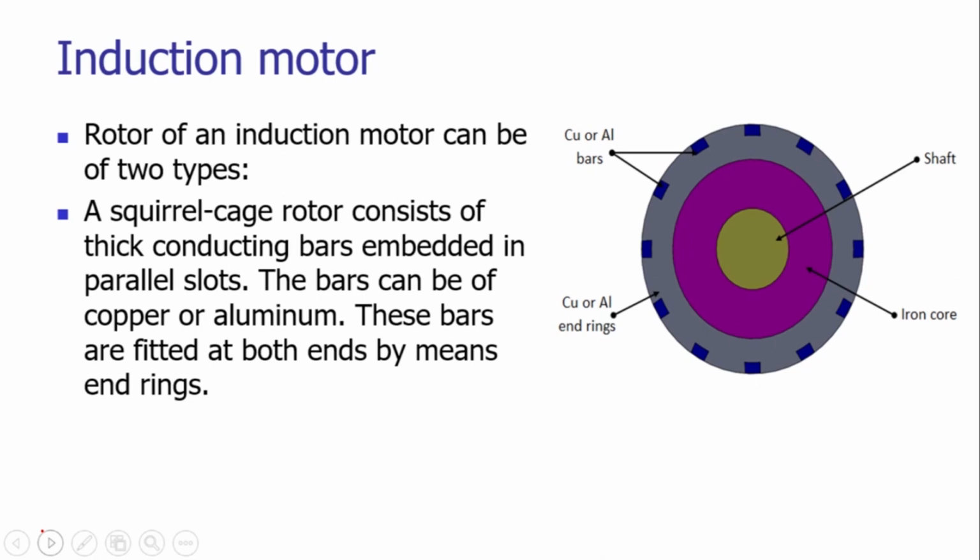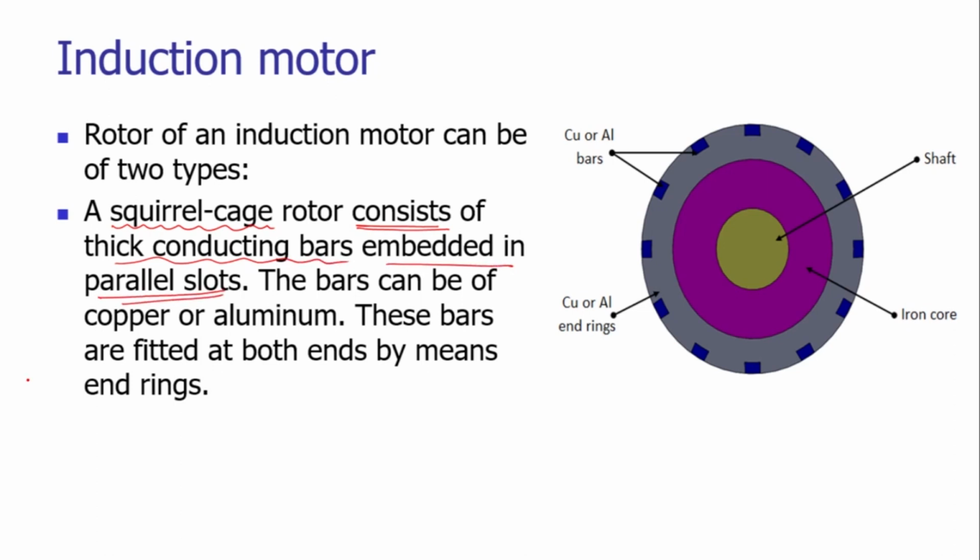So we can basically have two types of rotor arrangement. The very well-known arrangement of the rotor is the squirrel cage arrangement. It consists of thick conducting bars which are embedded in parallel slots.